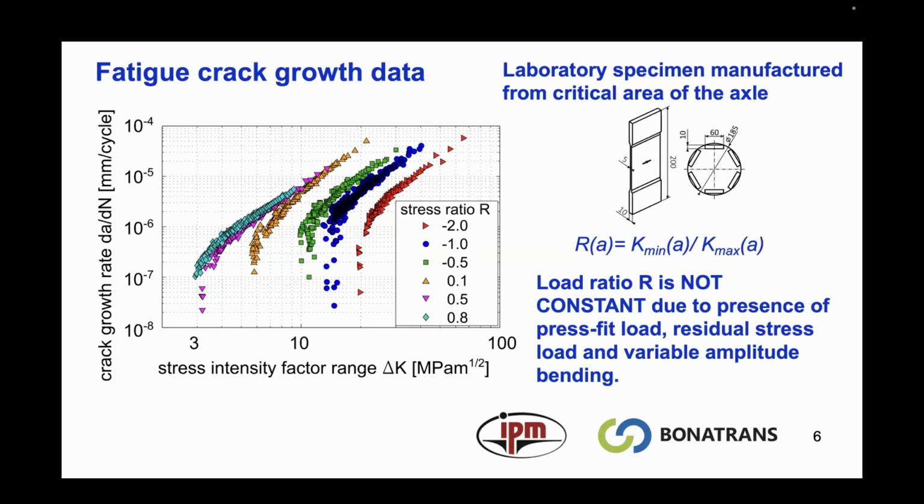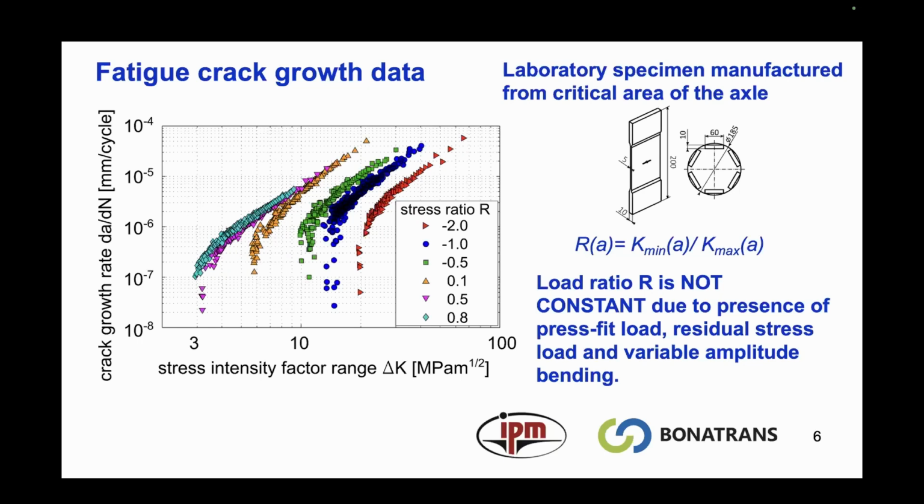What is necessary to know is the crack growth rate for different R ratios. We usually measure crack growth rate for different loading ratios, usually from -2 to 0.8, for several reasons.